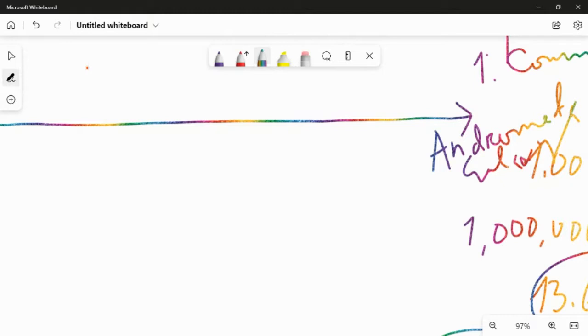And 1 light year is what? I don't even know, several billions of miles, the distance that light can travel in a year, right?